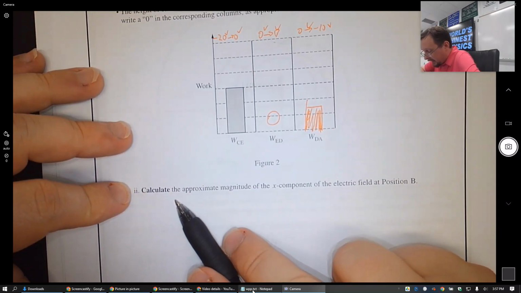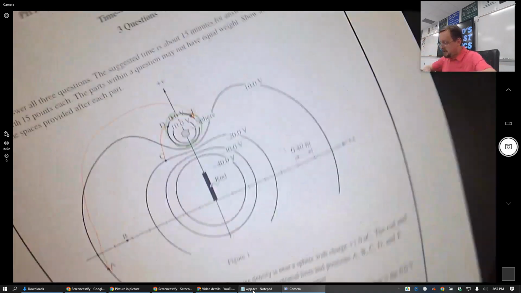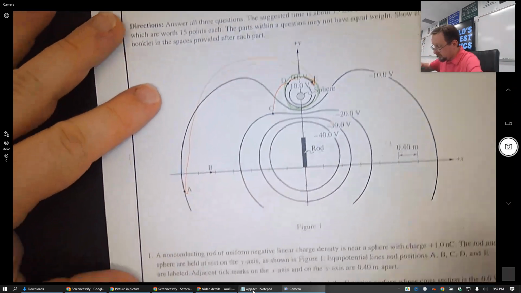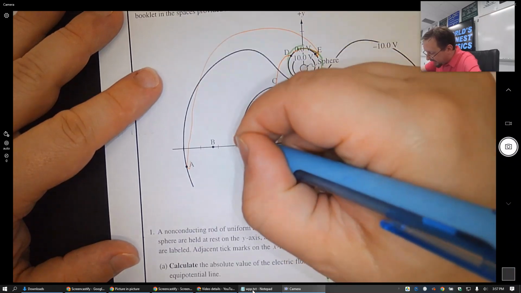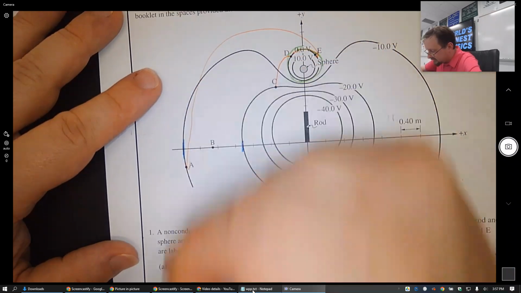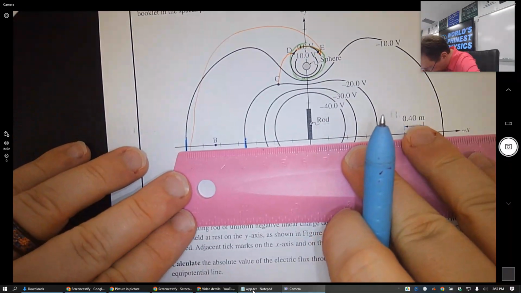Okay, calculate the approximate magnitude of the electric field at position B. Oh, look at this. Man, we're really doing it different now. B is on this axis rather than the other one. Okay, well, let's have a look here. All right, is this still the same scale that we had before?